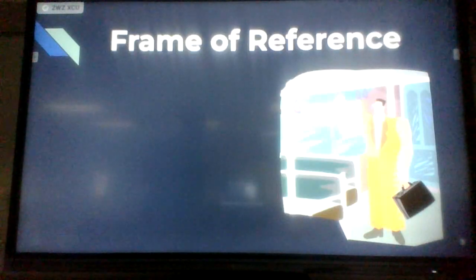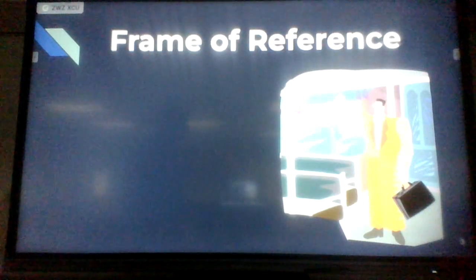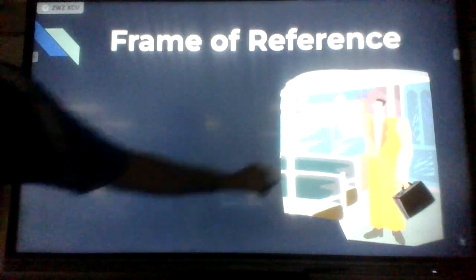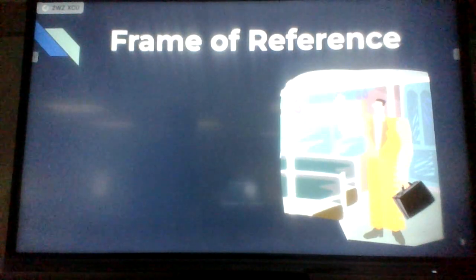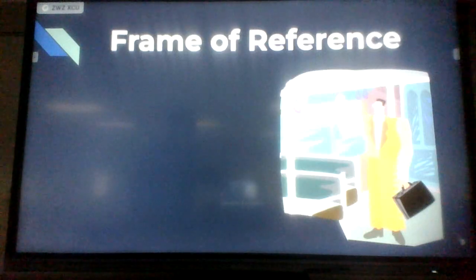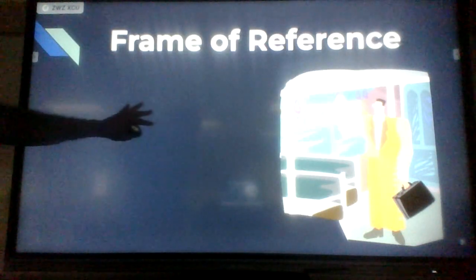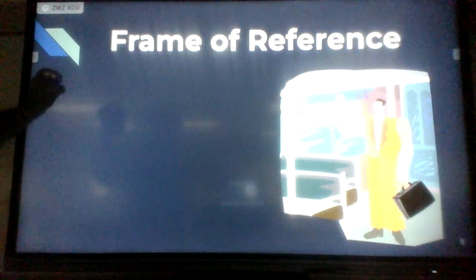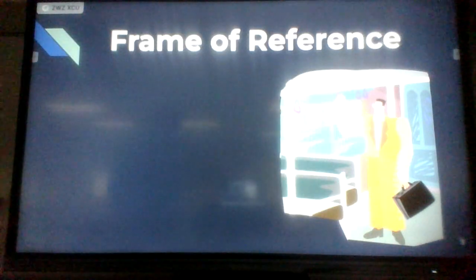The train is actually moving, but his eyes don't really realize that. It might be hard to see the picture on the screen, but the gentleman's eyes are right here. To just his eyes, he may see that his wife is actually moving further and further away from him. And then to her eyes, he's moving further and further away from her.